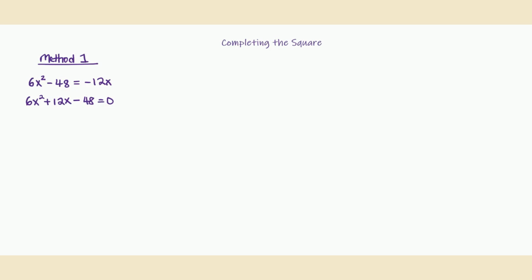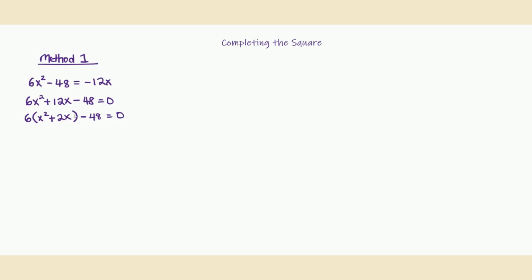Now we start by factoring out our a term, the coefficient of the square term. So we'll factor out 6, and we'll see how far we can take this. If I factor out 6, I can actually do so from all the terms, leaving me with x squared plus 2x, and we stop here, write our minus 48, and set that equal to 0.